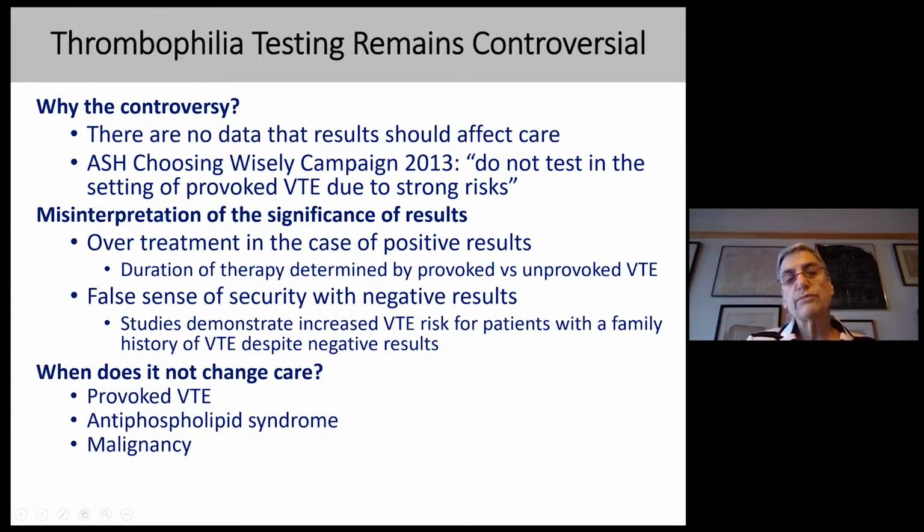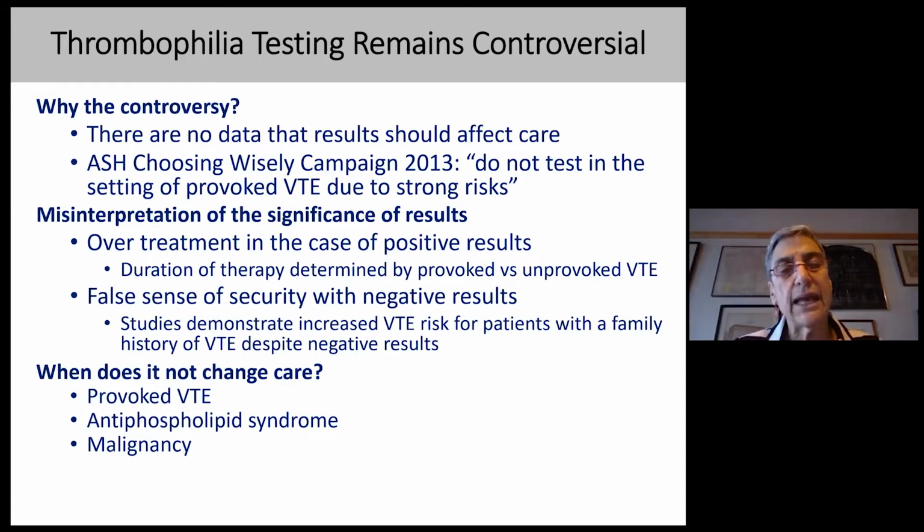Also, it's prone to misinterpretation. First of all, there are people who have a hypercoagulable state who may have had a partially provoked VTE. Most commonly, for example, women with factor V Leiden who are found to have a venous thrombotic event in the setting of birth control pills or in the setting of pregnancy do not require lifelong anticoagulation.